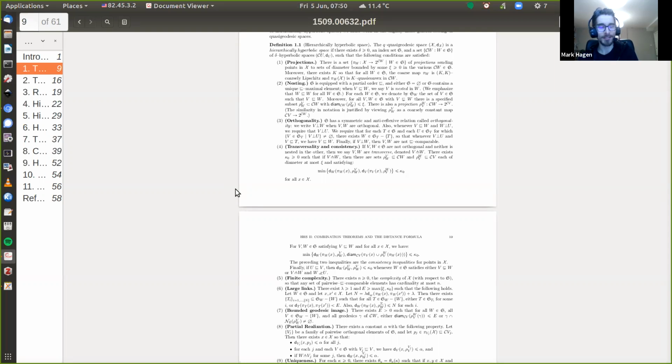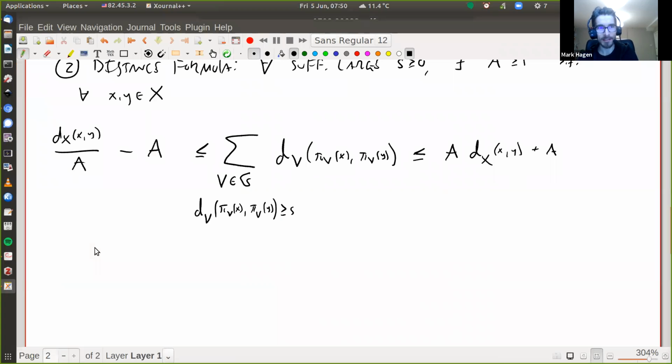On the other hand, the reason you want to prove that it's hierarchically hyperbolic is probably to understand something about the structure of the group. So it's desirable to have a good criterion for checking hierarchical hyperbolicity.